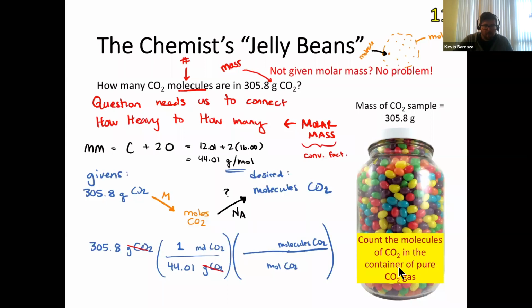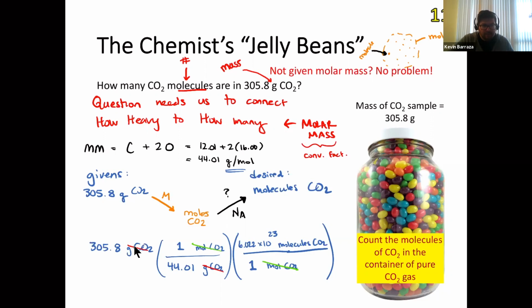So again, if it's confusing what to put where, remember, go back to the dozen analogy. A dozen is 12 things. A mole, 1 mole, so the 1 goes down. 1 mole is 6.022 times 10 to the 23 things. There's going to be our second conversion.